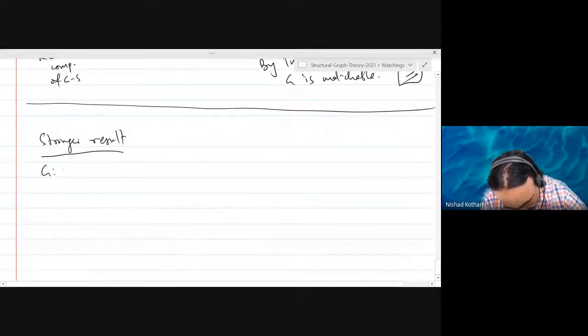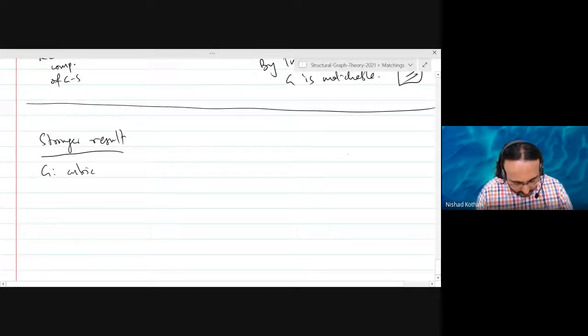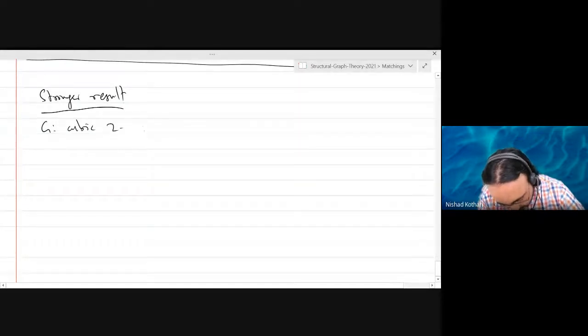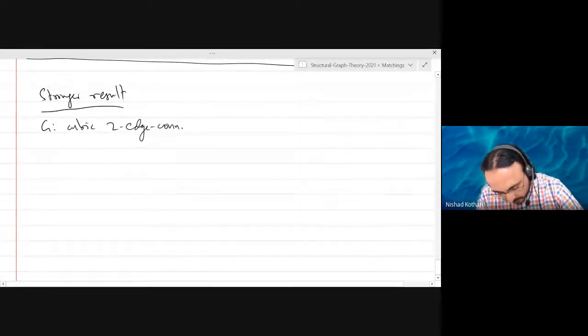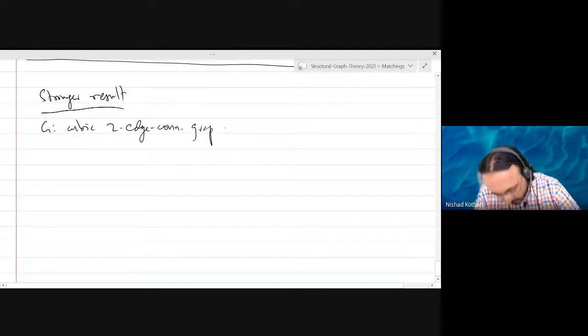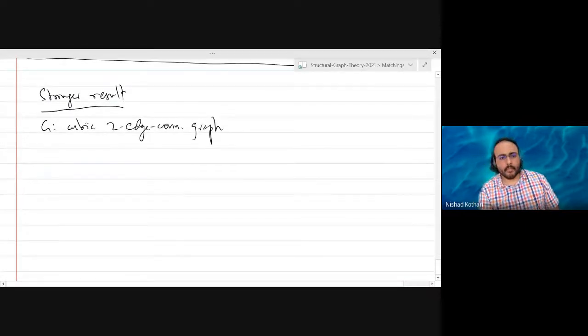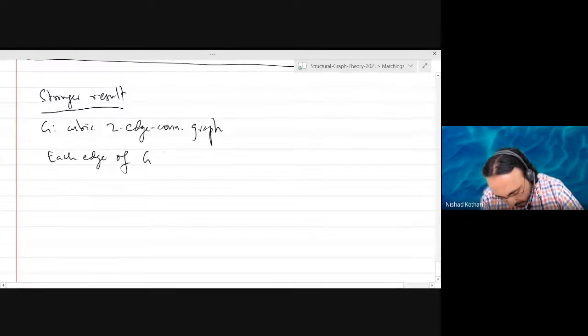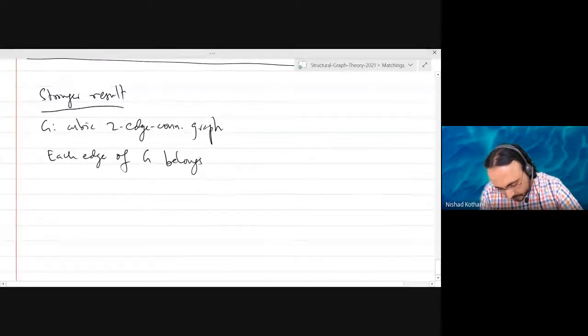Let G be a cubic graph without cut edges. Let me just say cubic two-edge connected graph, which is the same thing. You can actually show that each edge of the graph G belongs to some perfect matching.